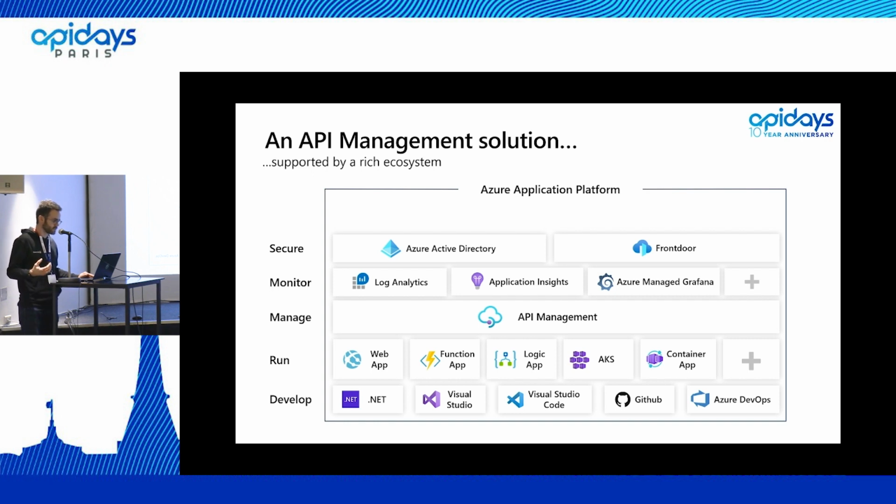And last but not least, you have your application, your API platform, and you want to consume this API and build great applications. And we have the Power Platform, which is our low-code, no-code platform to build amazing apps, to build automations, to build AI-powered applications. So that's the full Azure application platform, from the application itself to the API and how you can develop your APIs. So that's the API management ecosystem.